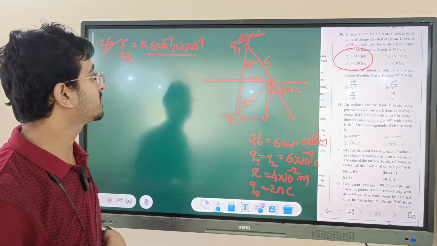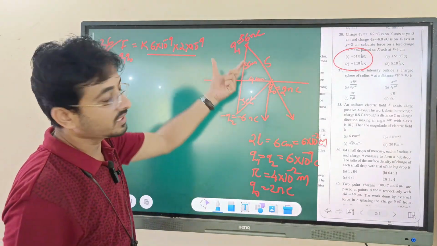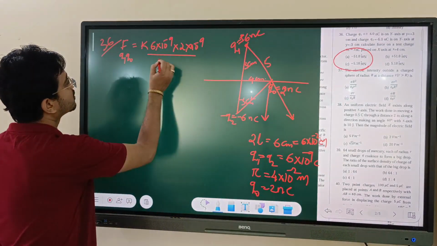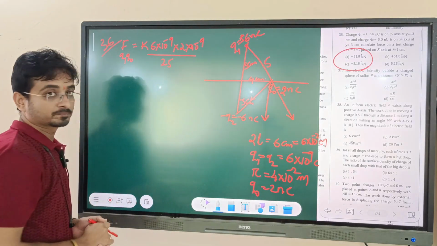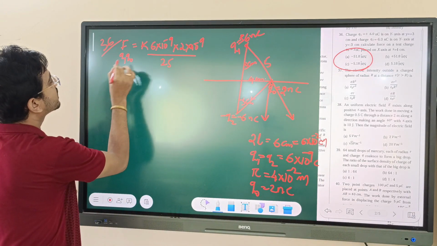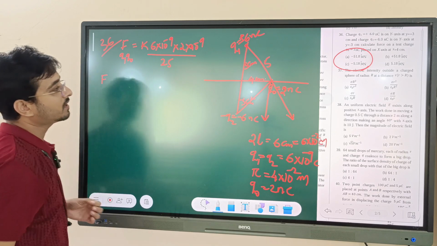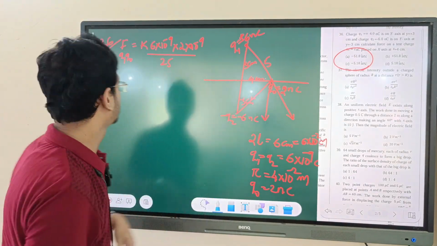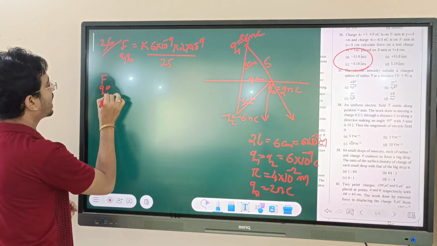This is a Pythagorean triple: this is 3, this is 4, and this will be 5. 5 squared is equal to 25. So this is F Q1 Q0. Now let me find F Q2 Q0.